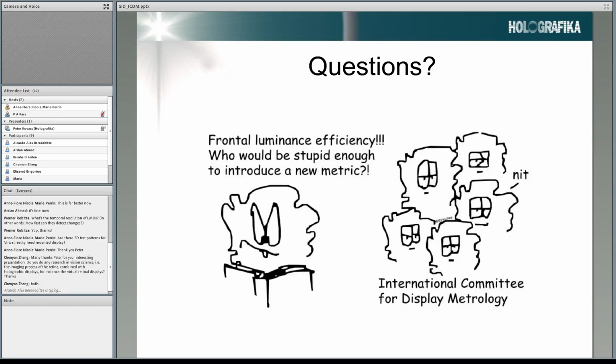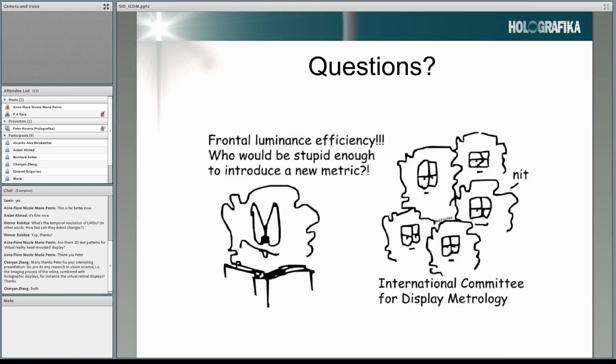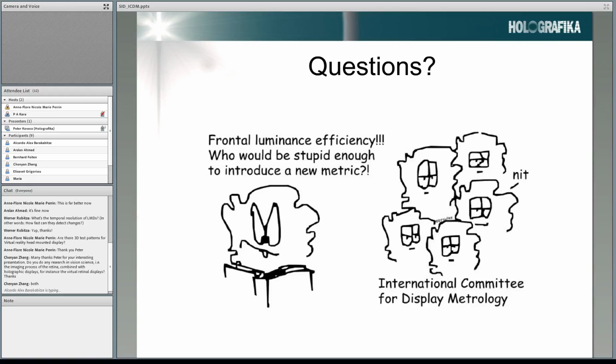About the ICDM, as I don't know everybody in the committee, I cannot know for sure, but at least as far as the IDMS standard is concerned, I didn't see such measurements, because this is metrology, so it completely leaves the human observer out of the game.